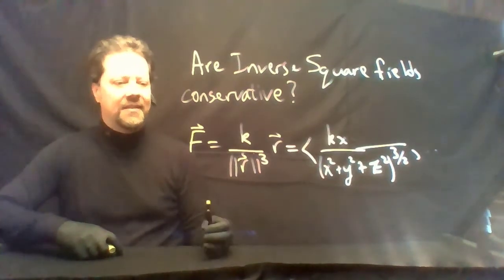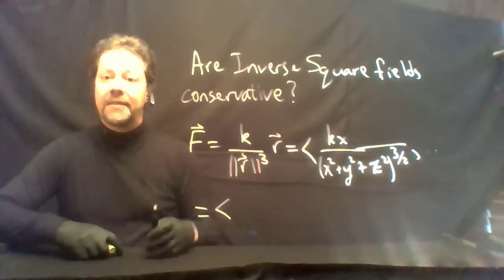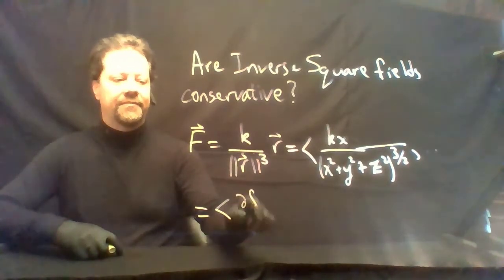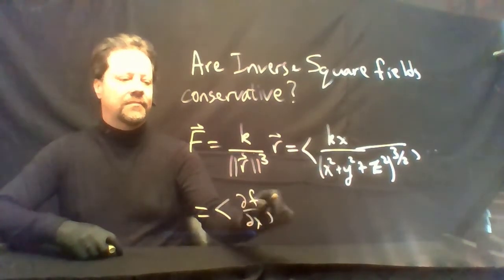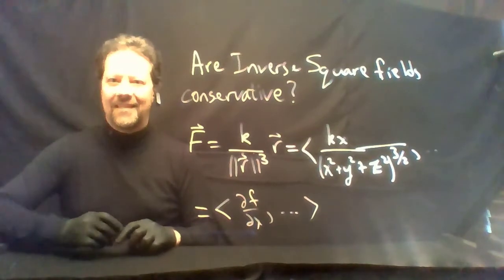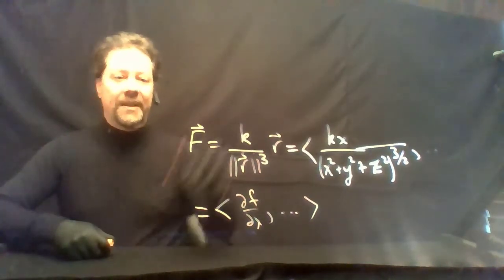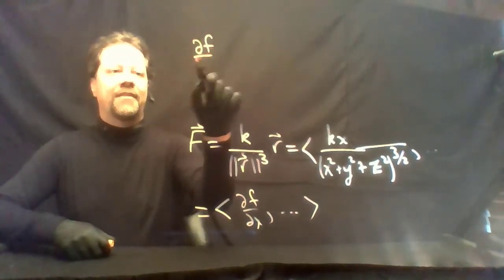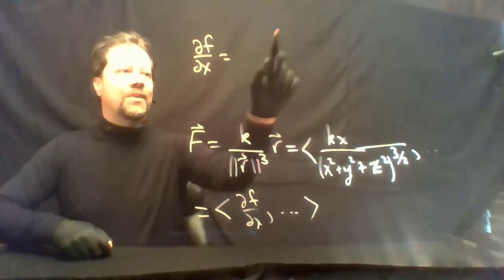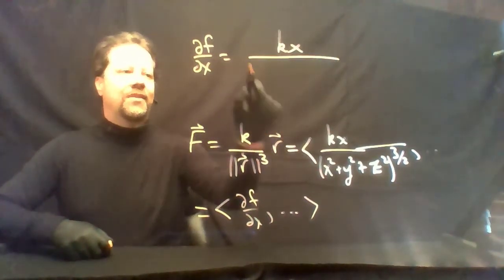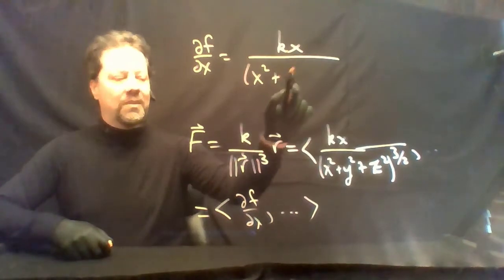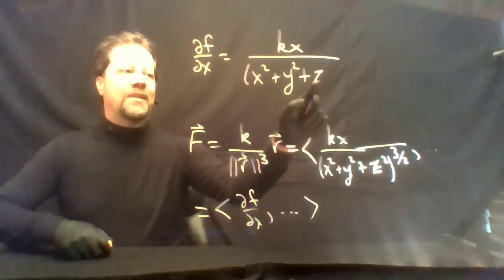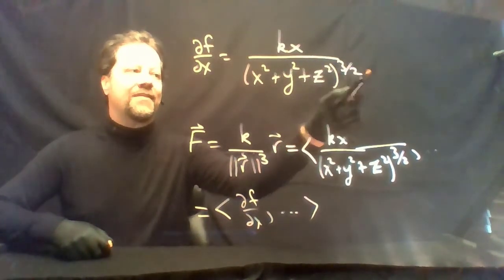Is this a gradient field? Is it conservative? Let's see. In order to be conservative, we would have to have df/dx equals kx over x squared plus y squared plus z squared to the power of 3/2.